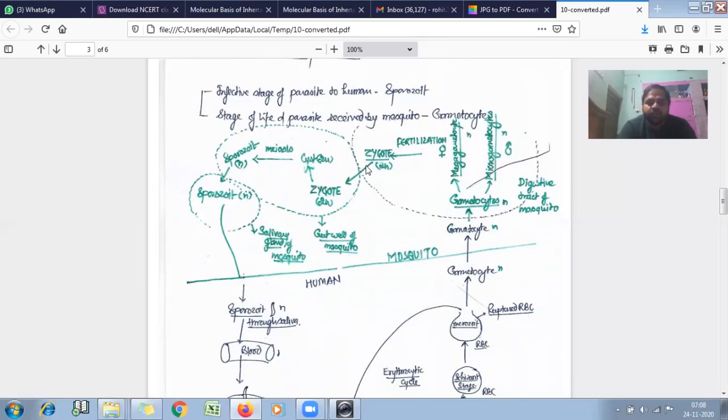This zygote will enter the gut wall of the mosquito and be converted into a cyst, which is still diploid, and after meiosis it is converted into sporozoites. Now the diploid is converted into haploid again. This sporozoite will again enter the salivary gland of the mosquito. Now this mosquito is ready to infect another human.